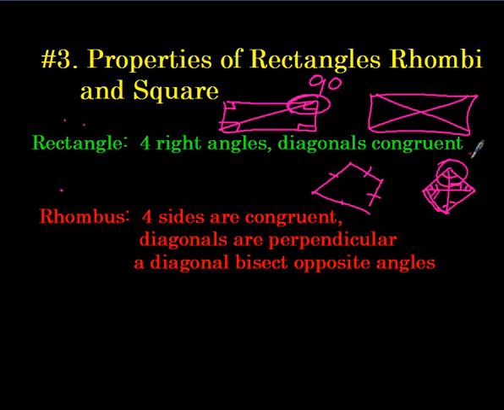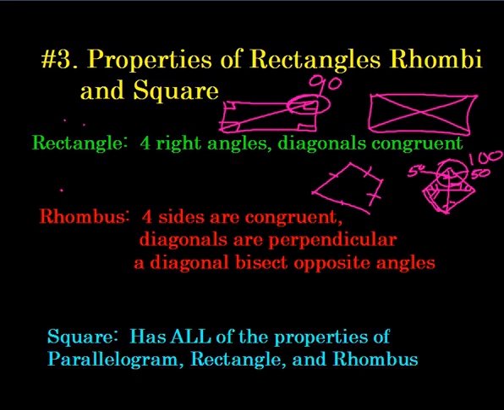So if this big angle here was 100 degrees and I drew a diagonal, that means that each of these little pieces here would be 50 and 50. And then a square is sort of all of these properties. A square is if I mush all of these figures together. It has all of the same properties of parallelograms, rectangles, and rhombi.